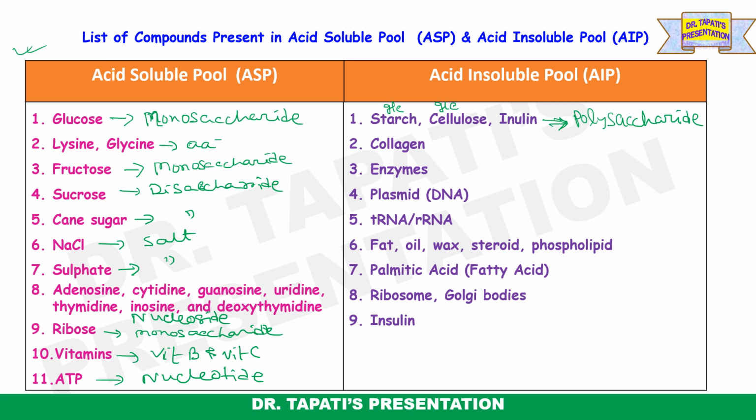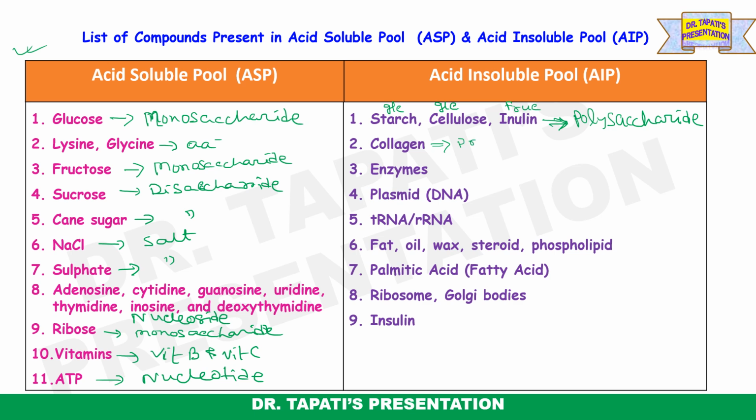In starch it is alpha glucosidic linkage, but inulin is a polymer of fructose, and at the end of the inulin only one glucose molecule is present. So you can consider this a polymer of fructose. Inulin is a polysaccharide. Therefore, it is present in the acid insoluble pool.